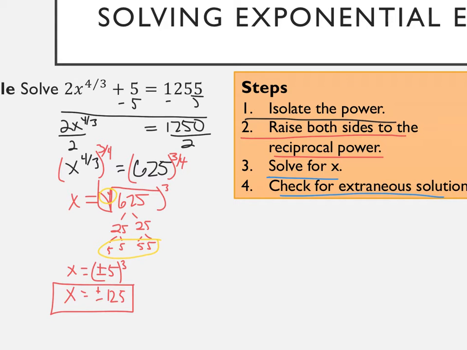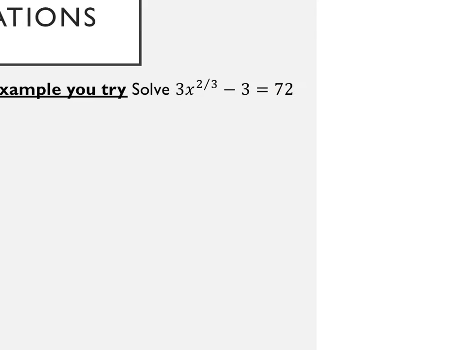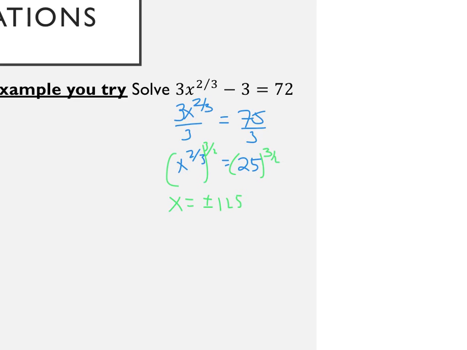And the same thing is true with negative 125. I want you to take a minute or two and try the example you tried. Okay, so in this case, we get the same solution. We do get x is equal to plus or minus 125 because we are doing an even root.